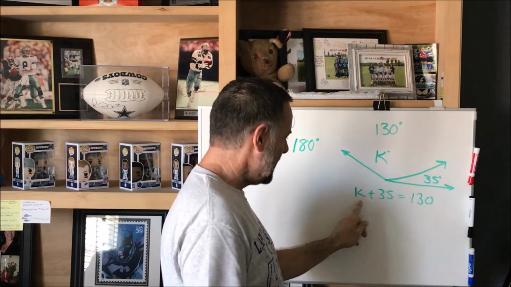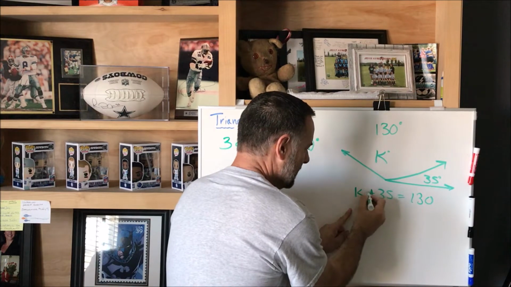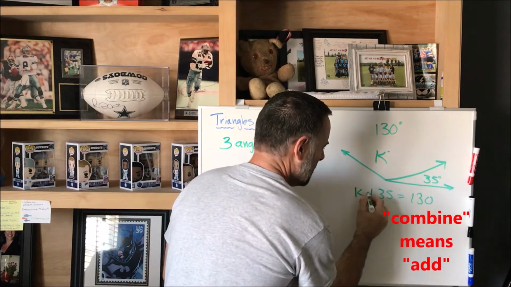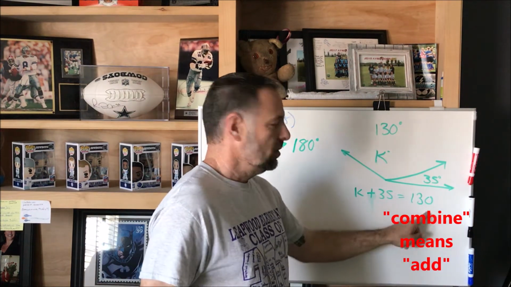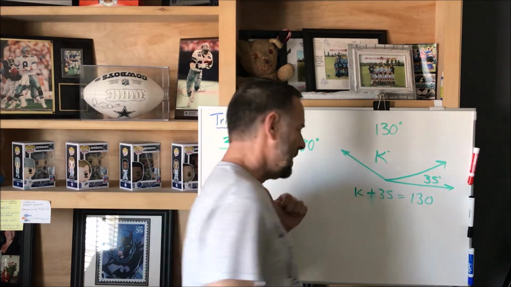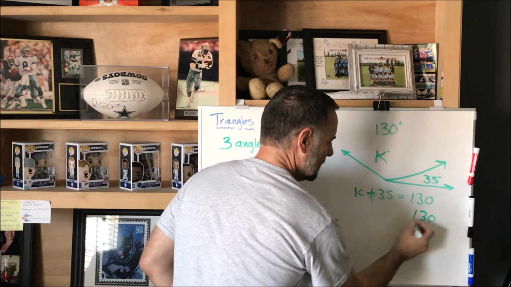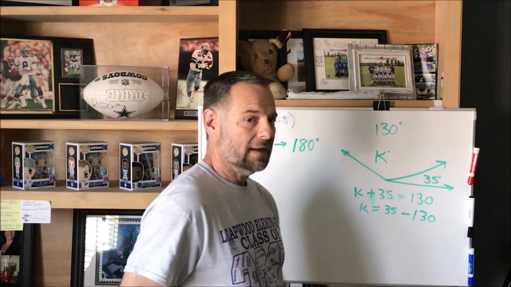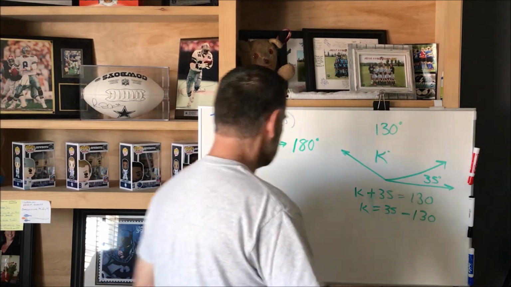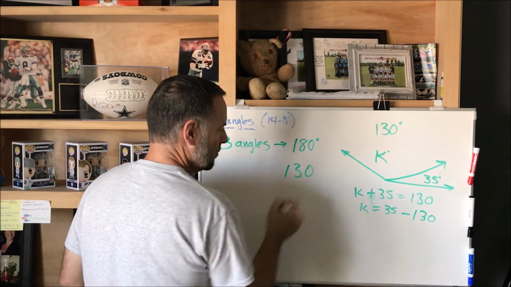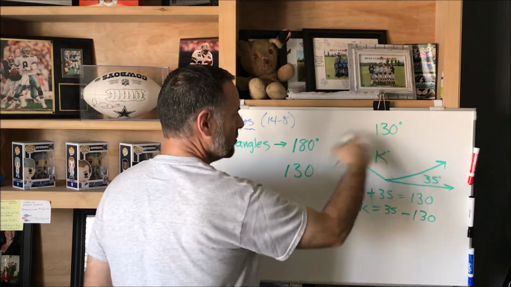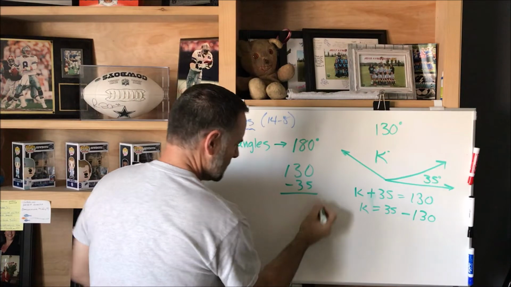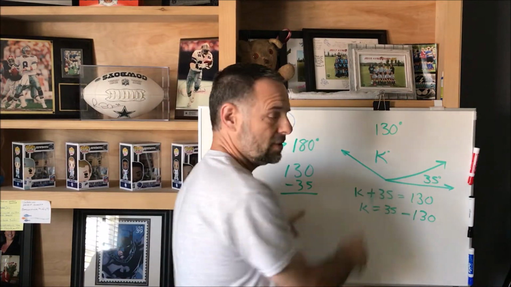If you combine them, add them together, you're going to get 130. Let's work backward. 130 minus 35 equals K. 130 degrees, that's my overall total. I'm going to subtract the one part I know, because what's going to be left over is what goes here.